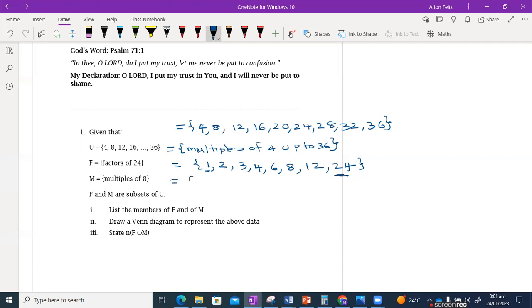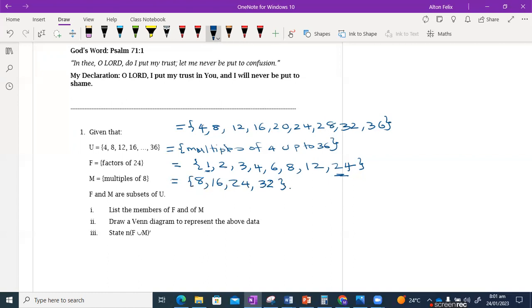We got that. Let's go to set M. Multiples of 8: 8, 16, 24, and 32. Remember, both F and M are subsets of U. What does that mean?